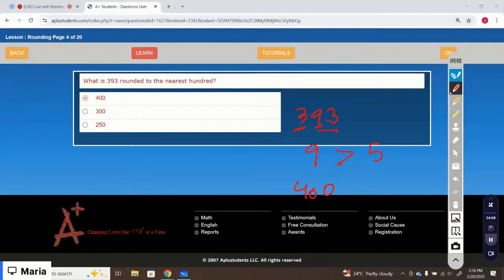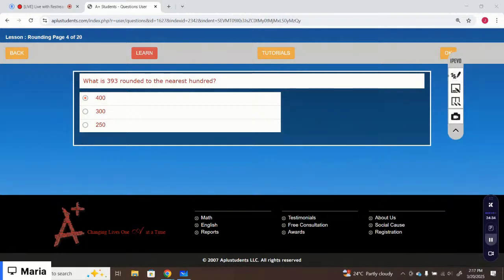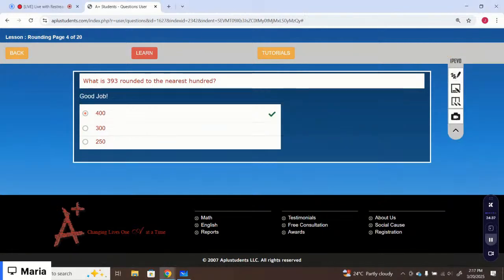Can you explain how it is rounded to 250? Option number one is the correct option, rounded off to 400.